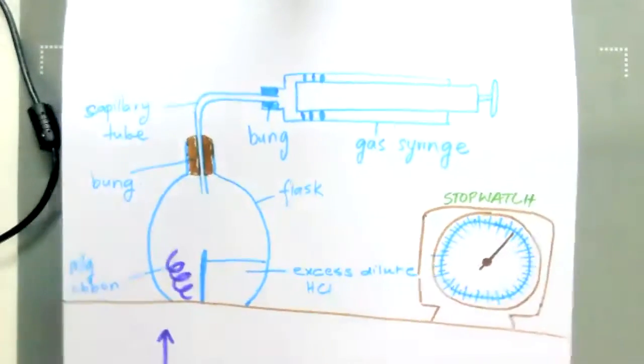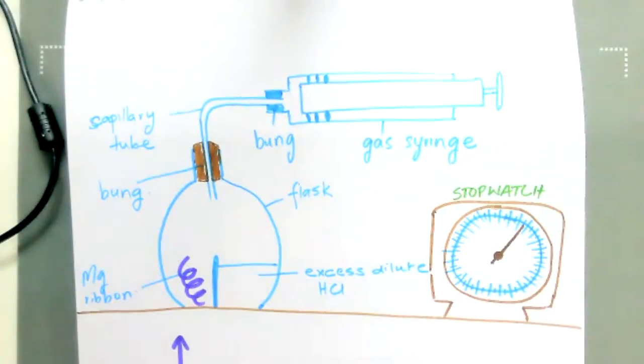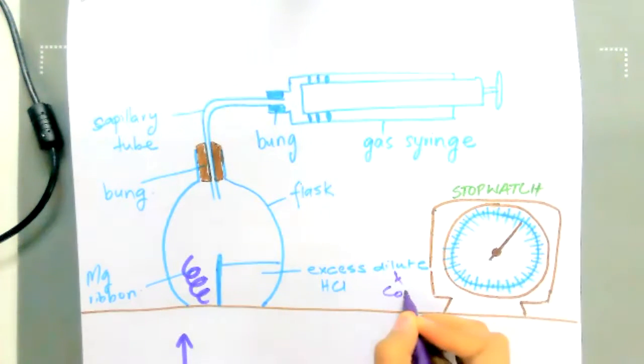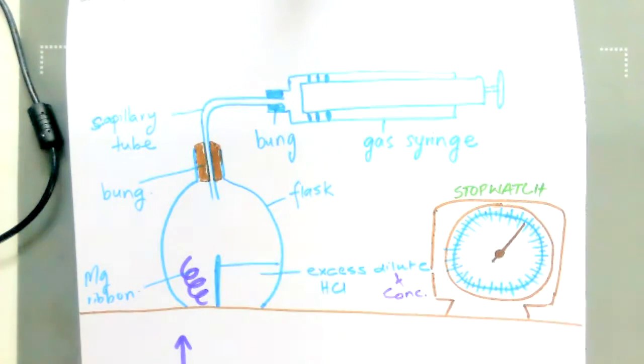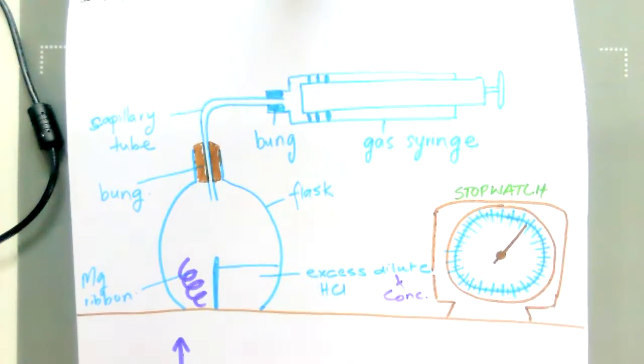Then we have another experiment over here. It's between again magnesium and hydrochloric acid, but this time we're going to compare the results between two different sorts. Because this is for concentration, we're going to use dilute hydrochloric acid and concentrated hydrochloric acid. So this is the apparatus.